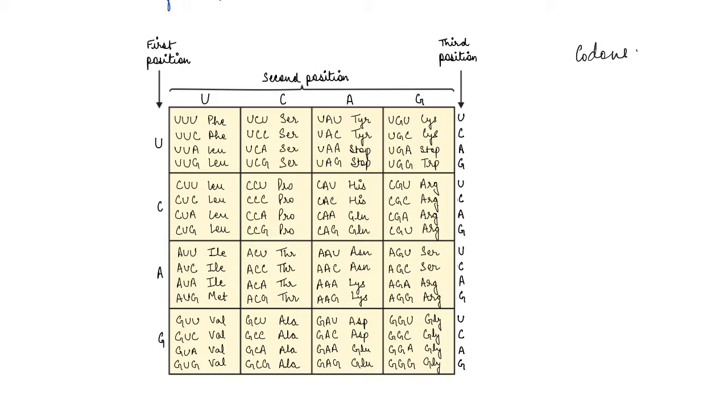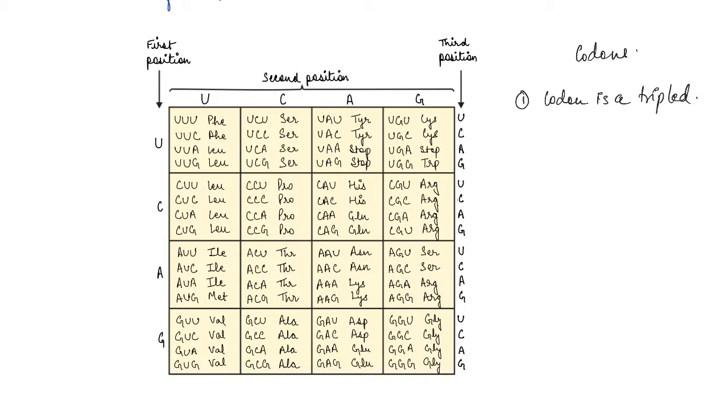So see now, the first feature of codons or the genetic code is that a codon is a triplet containing three nucleotide bases. One, two, three, right?